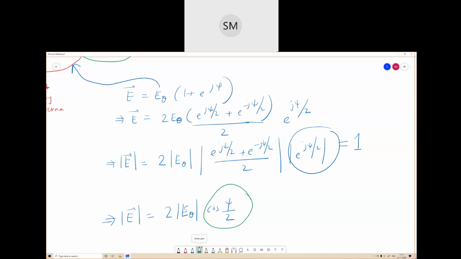You still have the phi if the alpha is 0. For your help, I am writing what is phi. Phi is this. From where is this cos phi by 2 coming?